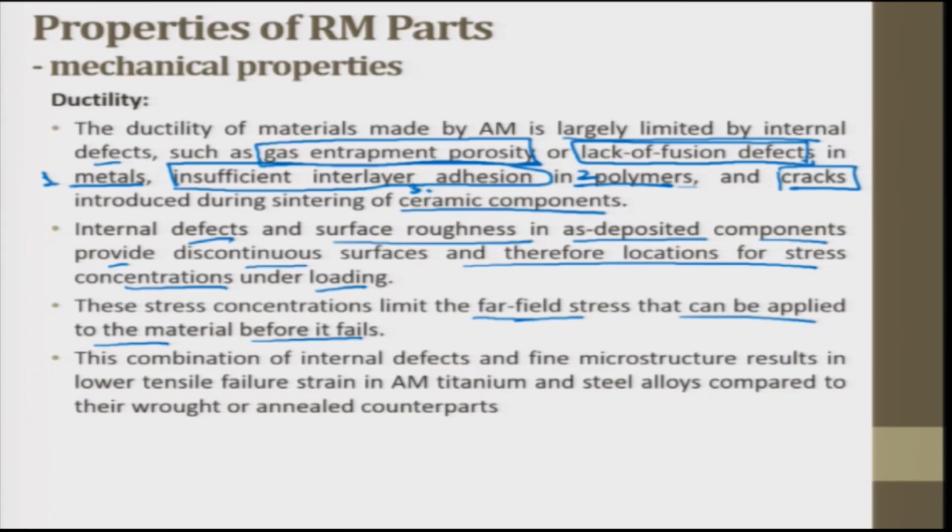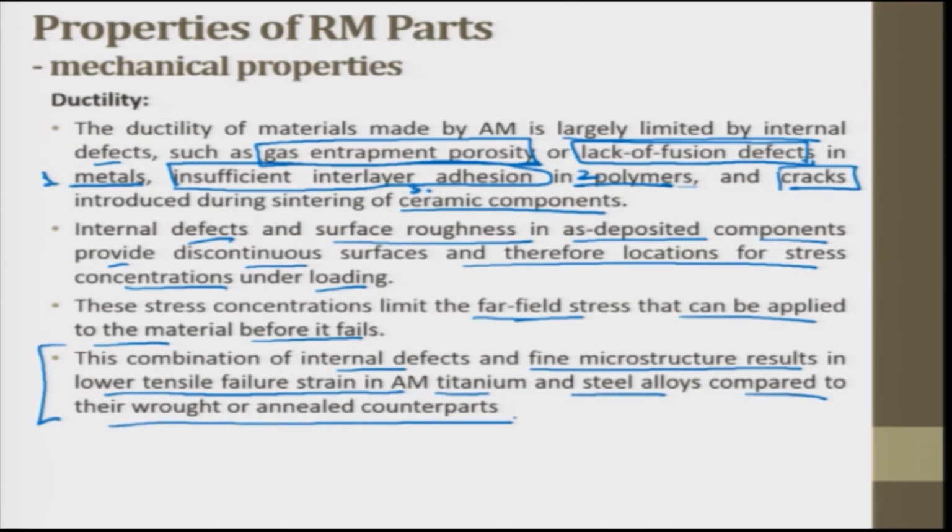In addition, fine microstructural features due to rapid solidification lead to increased strength, but reduce ductility due to limited dislocation motion. So, this combination of internal defects and fine microstructure results in low tensile failure strain in additive manufactured titanium and steel alloys compared to their wrought and annealed counterparts.